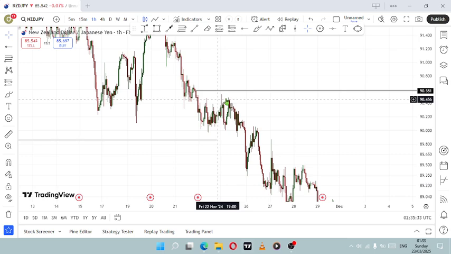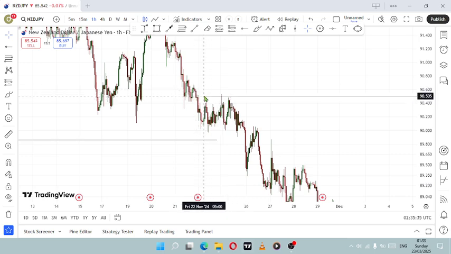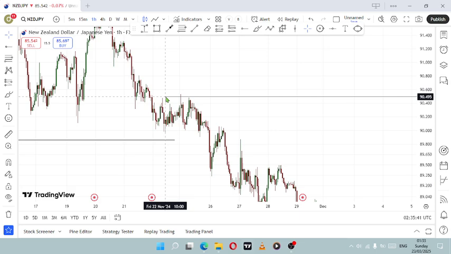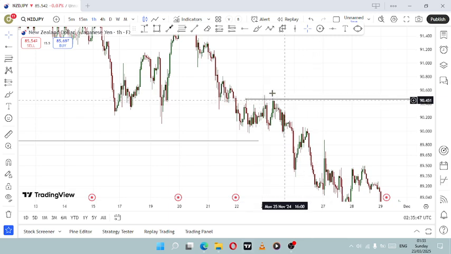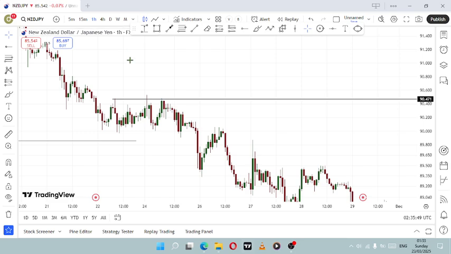But no saying 1, 2, 3. This is the structure I will look out for. Price pushes up, so I see.